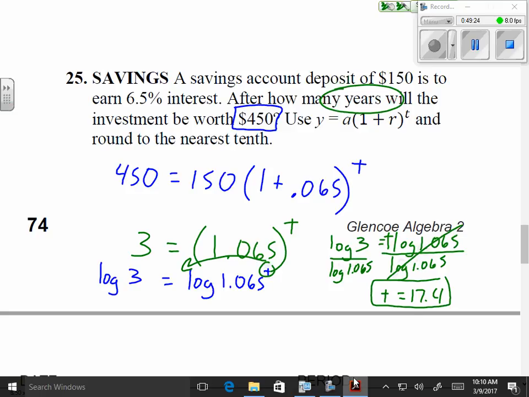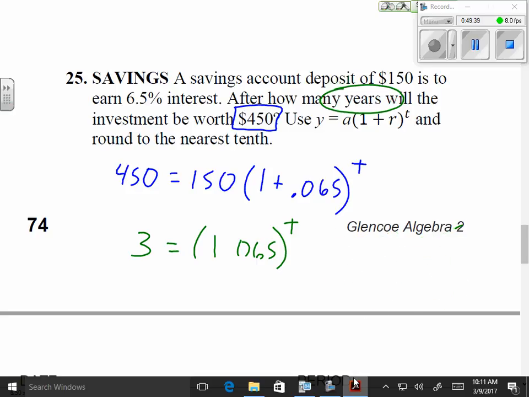All right. The other way that I was going to do it would give me the same result and actually turn into the same steps in the calculator. If I change this to exponential and make it log base 1.065 of 3 equal to t, then if I do the change of base formula, that is log of the logarithm divided by log of the base 1.065, changing both to common logs.